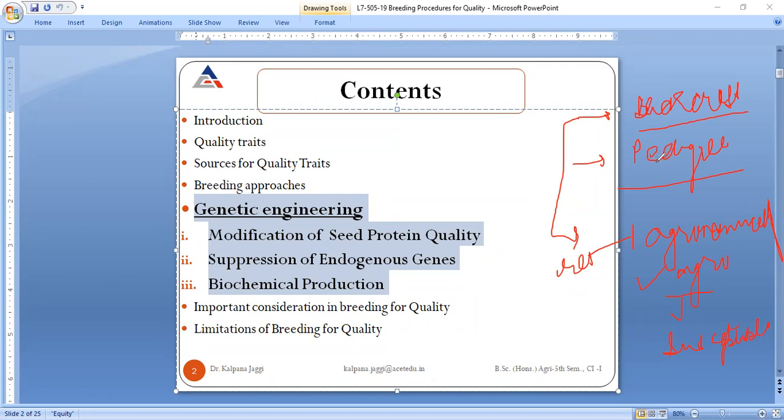But one can go for the pedigree if, as you remember, I said both the varieties are agronomically suitable. One was having one desirable character, and in the other variety there were many desirable characters combined together. But I told you about markers, because here we are using marker assisted breeding.